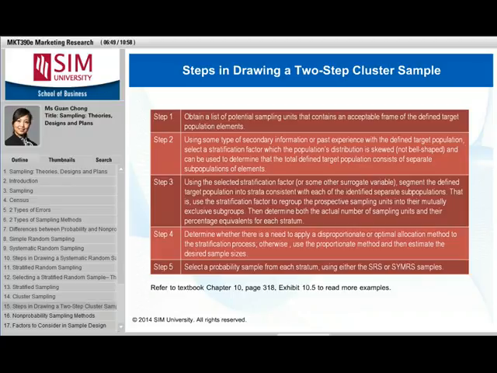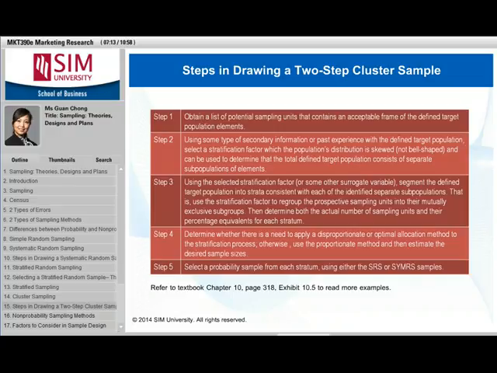Step 2. Use some type of secondary information or past experience with the target population. Select a stratification factor for which the population's distribution is skewed and can be used to determine that the total defined population consists of separate subpopulation of elements.